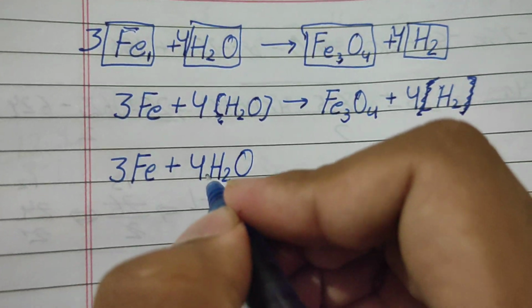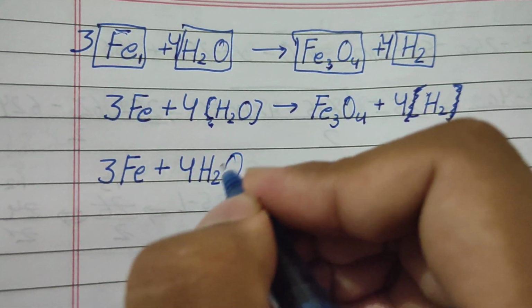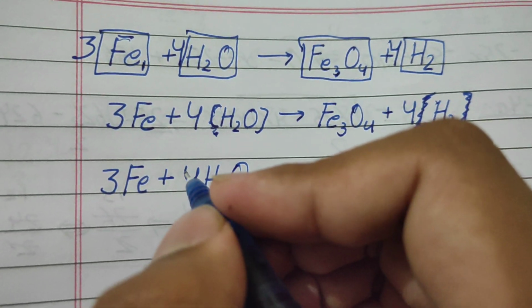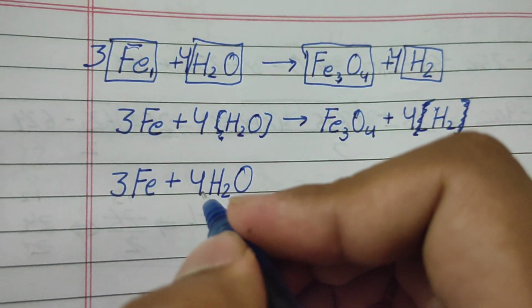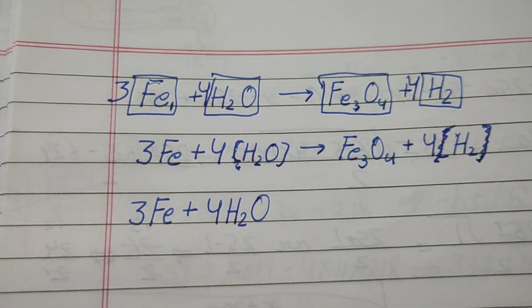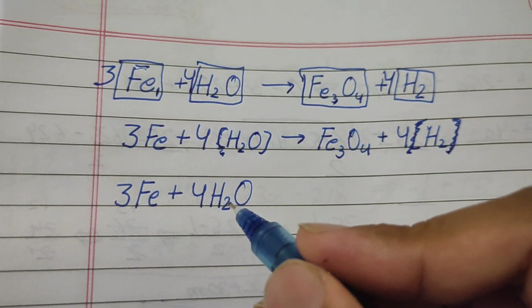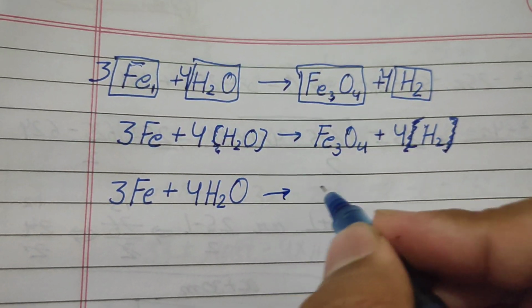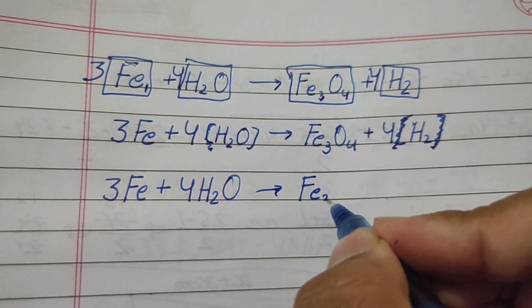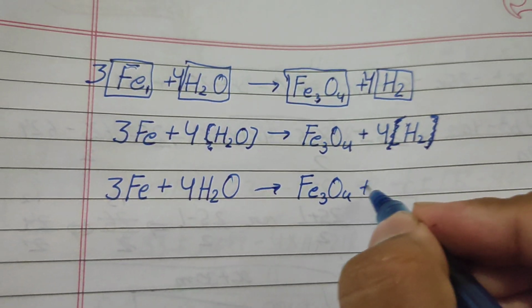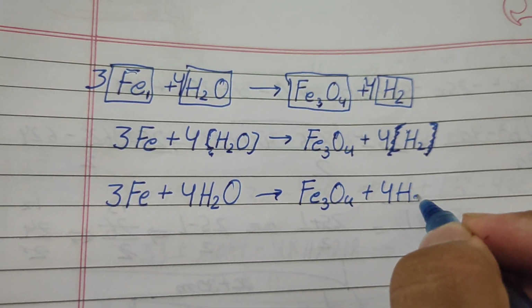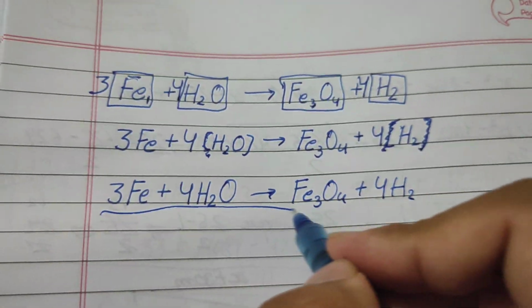This 4 here clearly demonstrates that 4 is getting multiplied to both of them. 4 is a kind of constant, so it will get multiplied with both of them. Then here we have our Fe3O4 plus 4H2, right? This is our final equation that comes out.